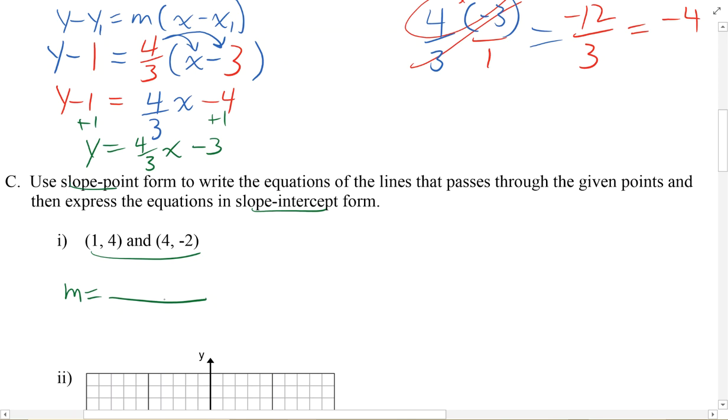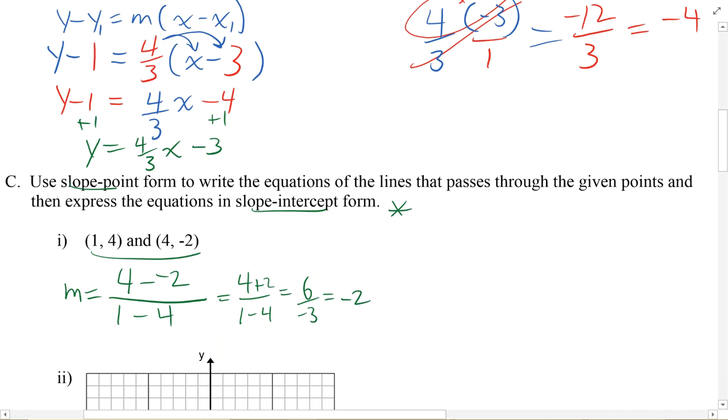Go. Okay, how many people got a slope of -2?